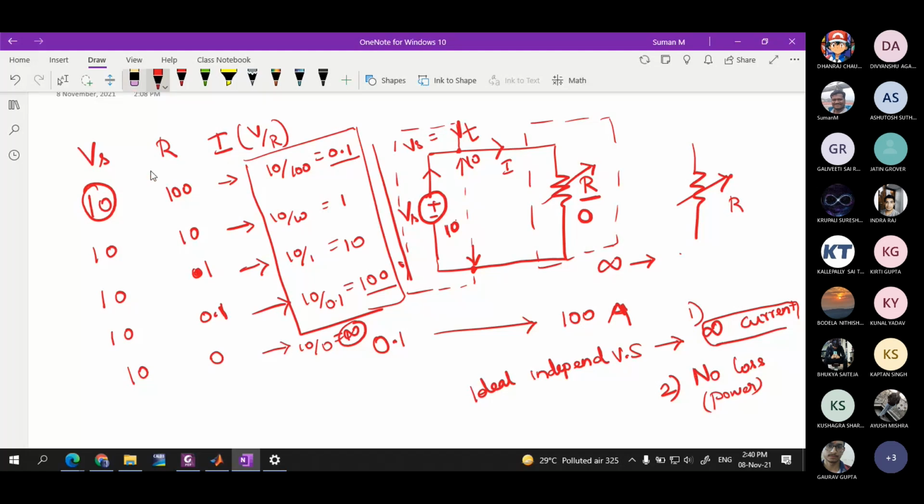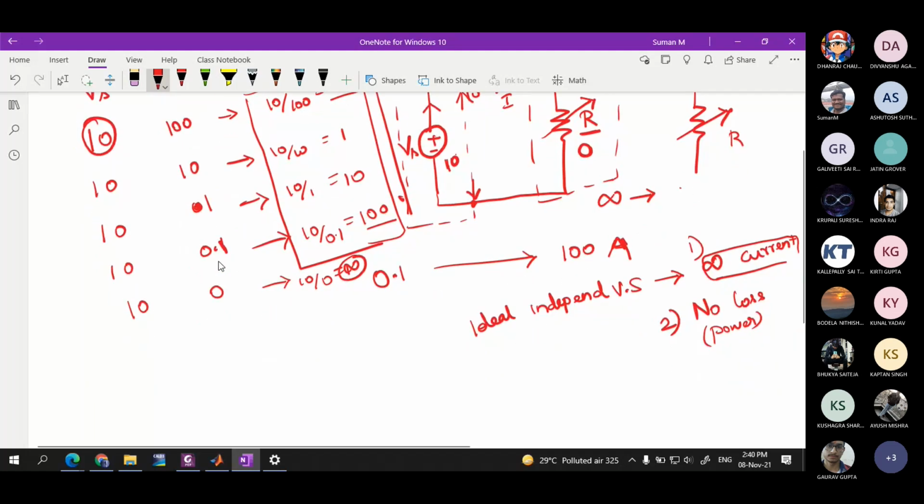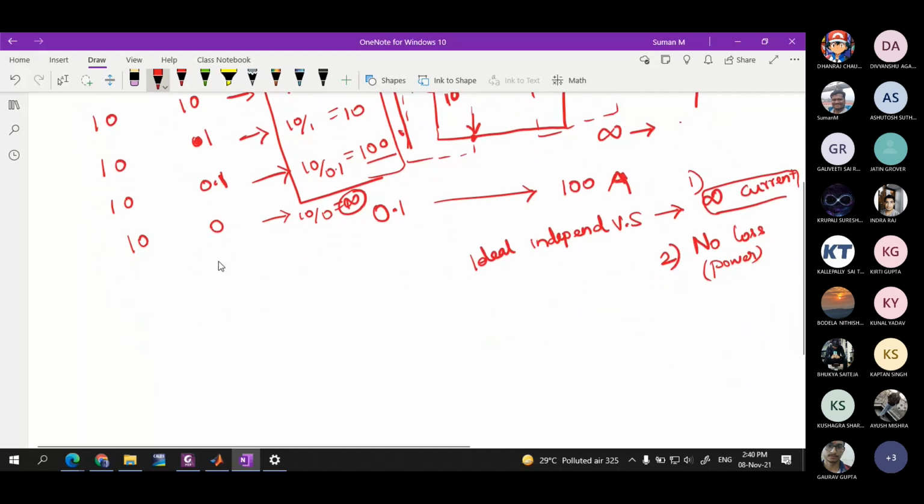But if you consider a practical source, let's consider that a battery is a practical source. Generally we will mention the practical battery like this. This represents an ideal independent voltage source. This is also the symbol for battery. This battery generally will be having a resistor in series. I will tell why.